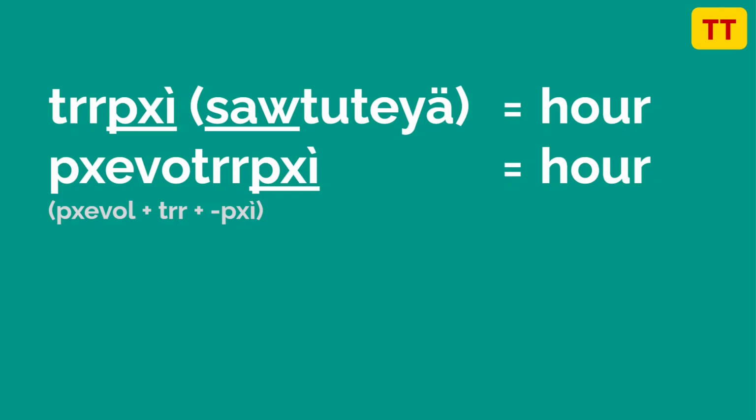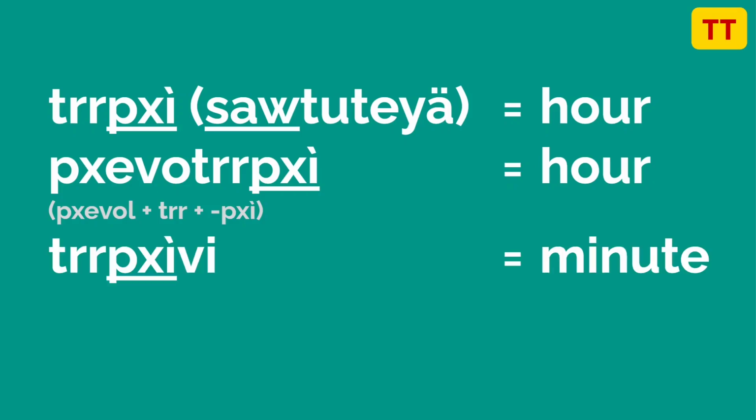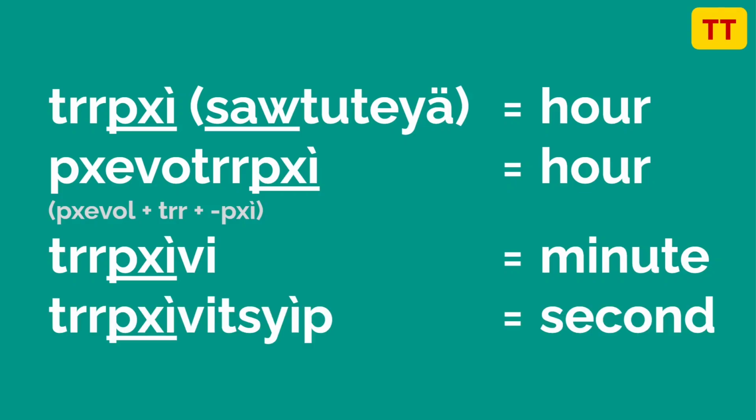So a 24th of the day, which is also an hour. But usually, in most cases, you will just hear or say tr e, part of the day, and from context it will be clear that you mean hour. We also have trpevi, a minute, and trpeviciep, a second.